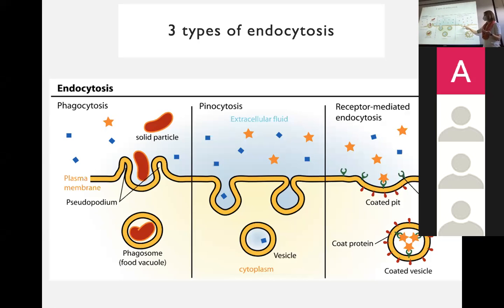They're usually proteins on the outside of the cell. Only the star can bind, so that means the cell can only bring those stars in. That's all it needs. So that's receptor mediated. These are the receptors, these little green horseshoe-shaped things. But it's still endocytosis because molecules are being brought in. So then all of these end up in some kind of vesicle. So then they'll move to wherever in the cell they need to go.